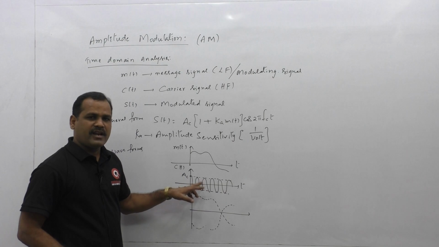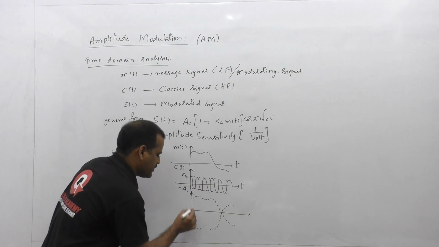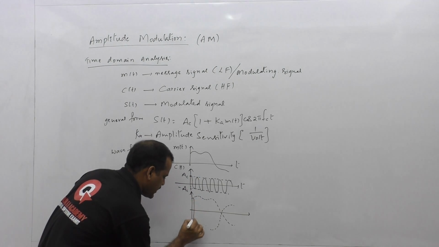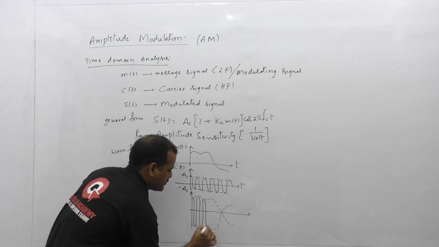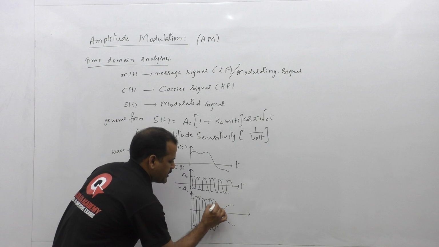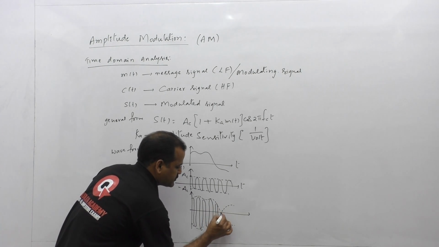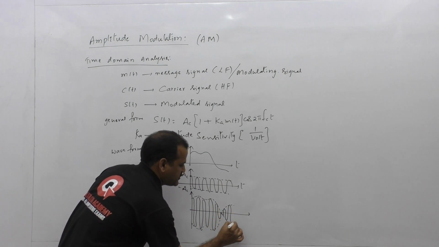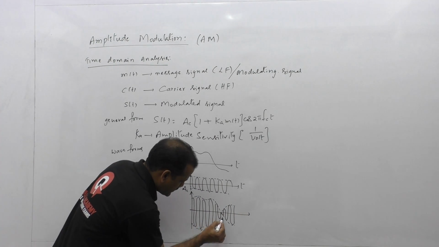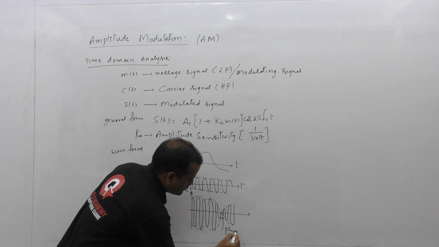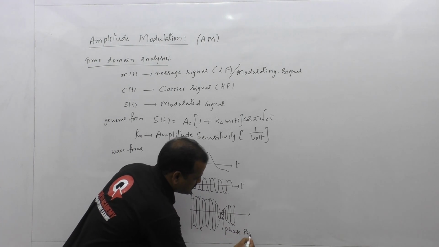Now this carrier signal amplitude should be varied depending upon the instantaneous value of the message signal like this. Observe the amplitude modulated signal waveform. This is nothing but the carrier signal with amplitude variations based on the instantaneous changes of the message signal. Observe, we can see a phase reversal here that we will discuss later.